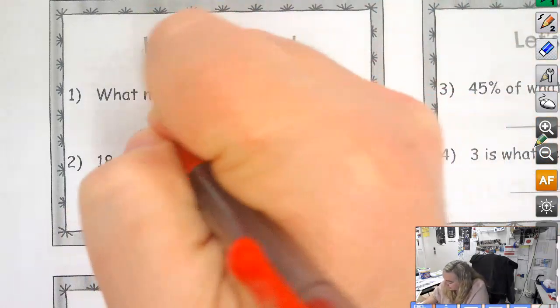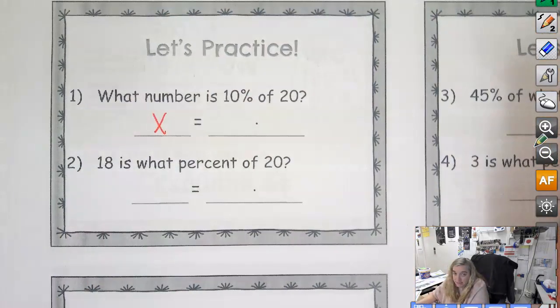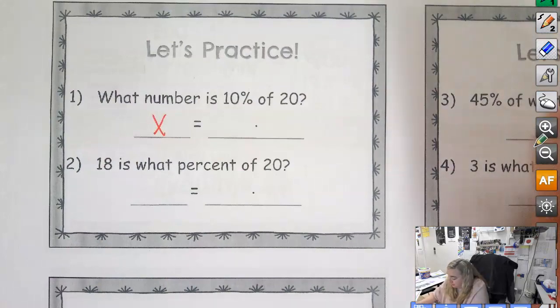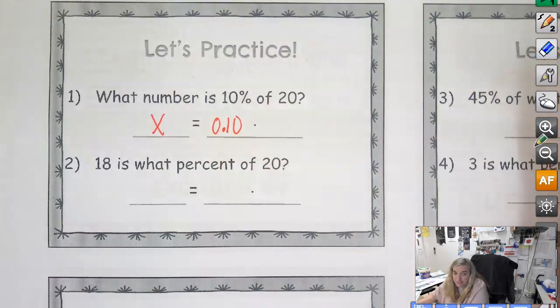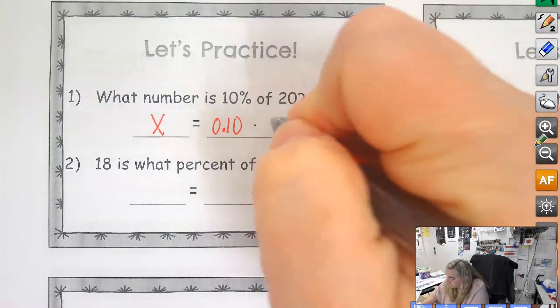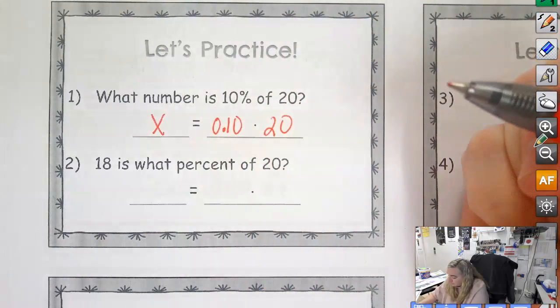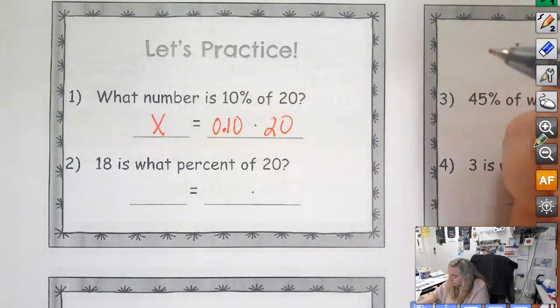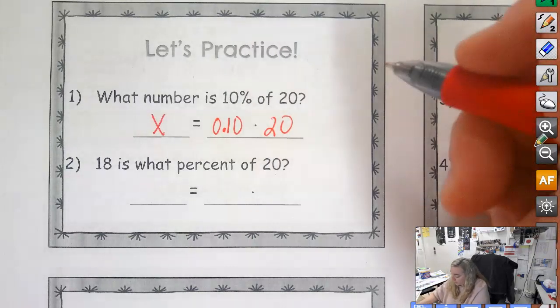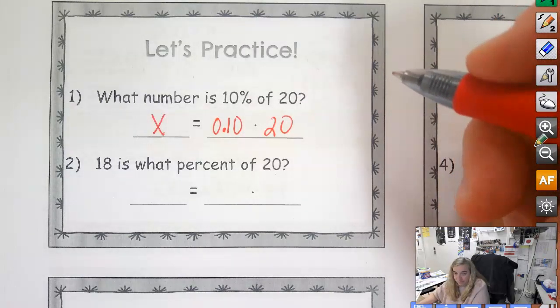All right, so we had what number is 10% written as a decimal, 0.10 of 20. And then our final solution we will get in just a moment.